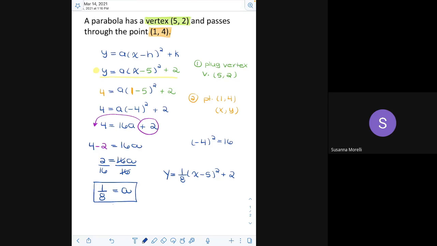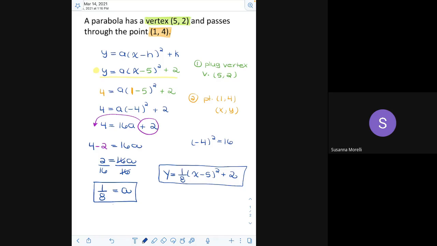So our final equation will have the vertex and the a value. The point that lies on the parabola, the orange point, we just used to find our a value, but our final answer does not include that point at all.